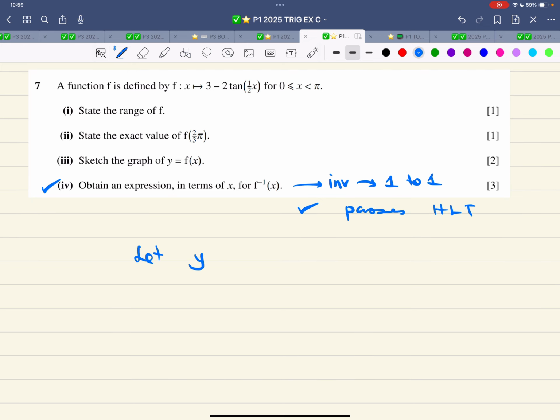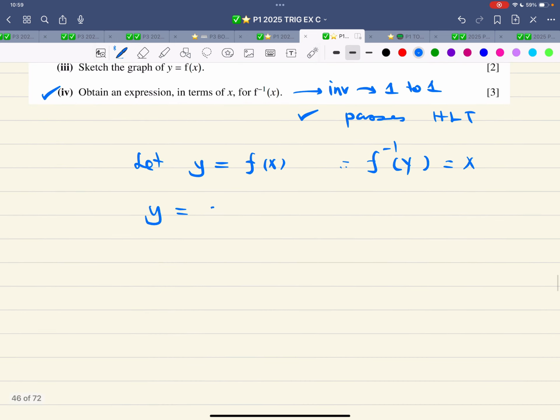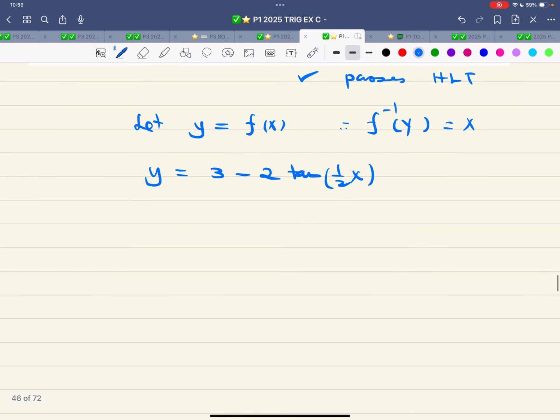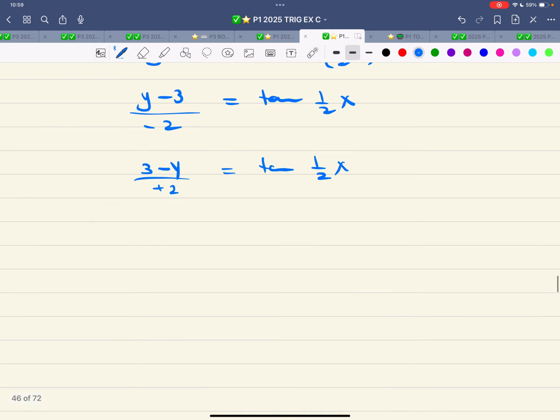Let y = f(x), therefore f inverse y = x. y = 3 - 2 tan(x/2). So (y - 3)/(-2) is tan(x/2). Get rid of the excessive negative sign like this. That is tan(x/2). Make x/2 the subject.